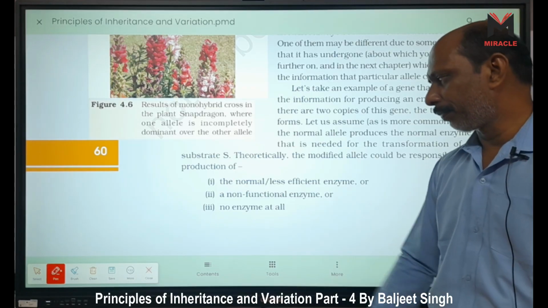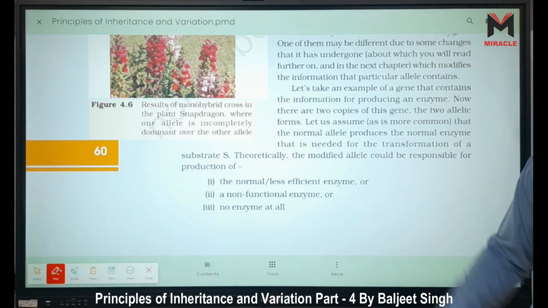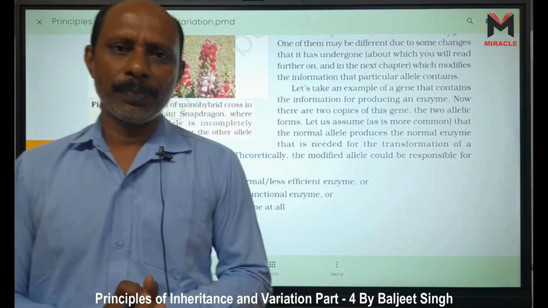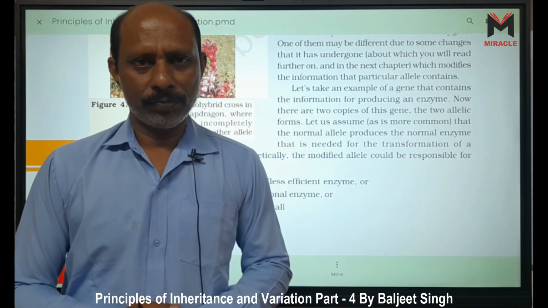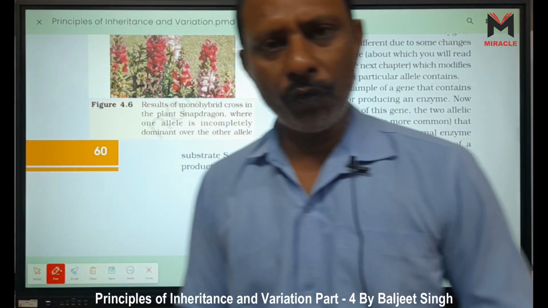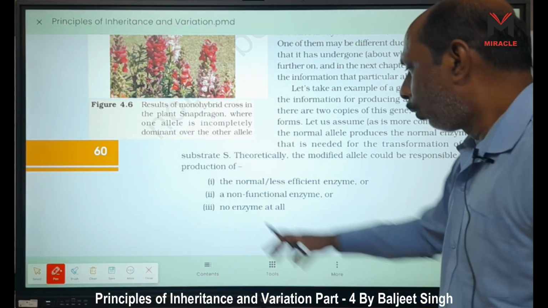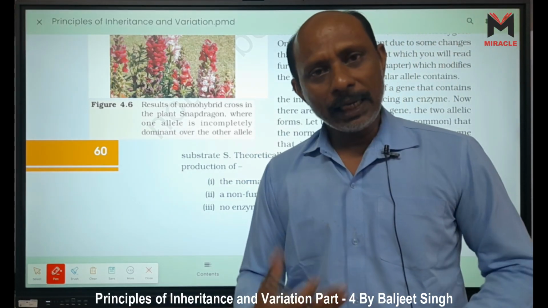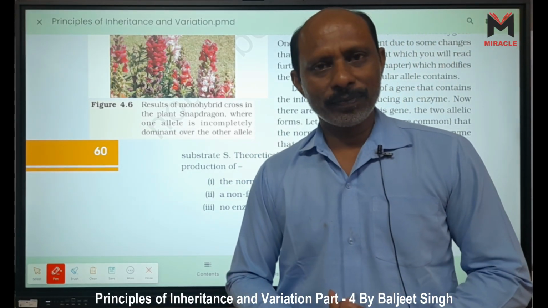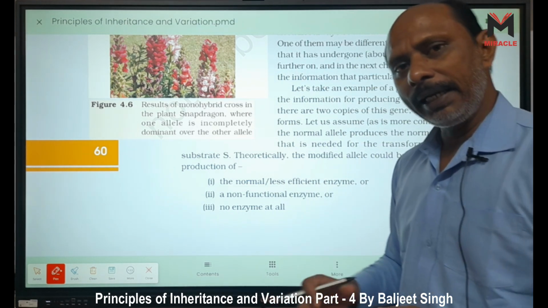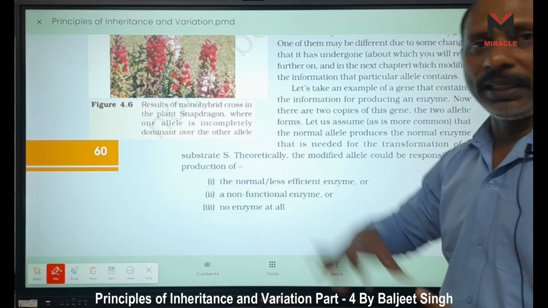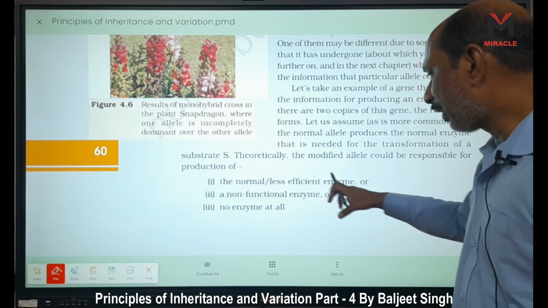Second, a non-functional enzyme. It produces an enzyme, but this enzyme is totally non-functional, with no function. Third, no enzyme at all, because this gene is a silent gene. Silent gene means it cannot express itself, so it cannot produce any enzyme. These are the three possibilities.